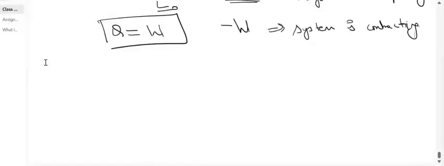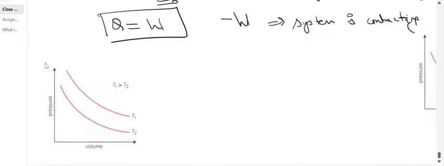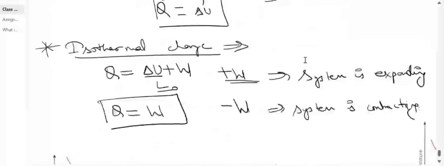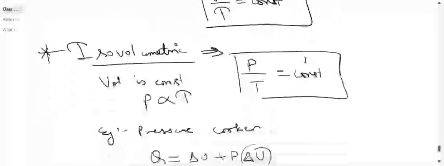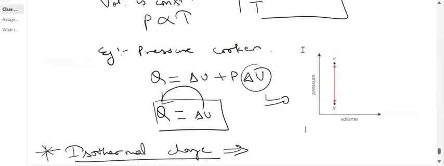So this is the graph for isothermal. Check. Okay. Now this is the graph for isovolumetric. Check. Correct?